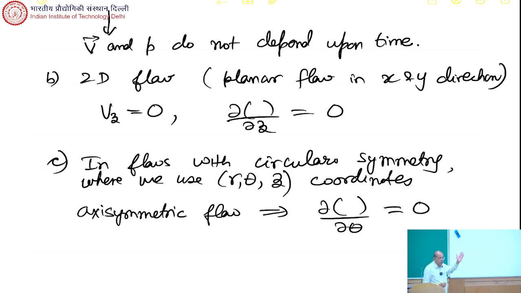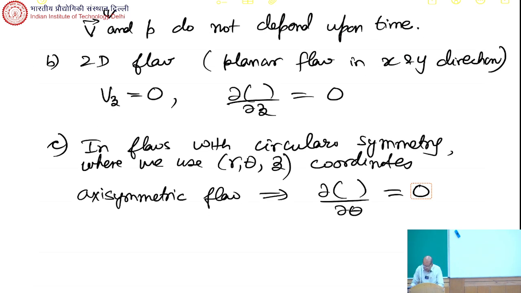If we have axisymmetric flow, this implies things do not change with theta. There is a circular geometry, so the velocity and pressure may not change with theta. V theta may or may not be 0.